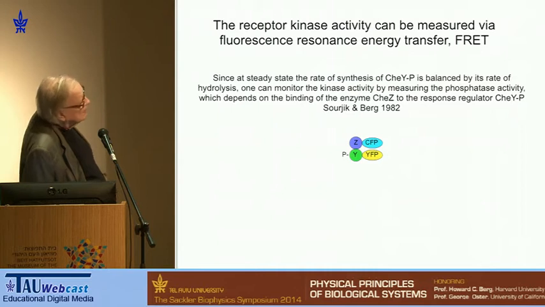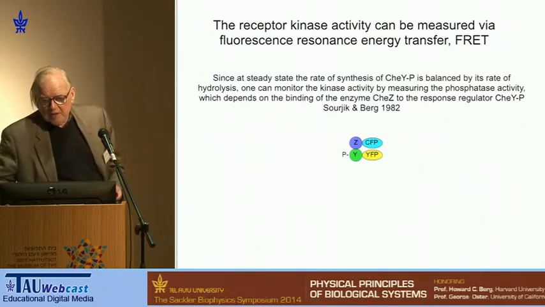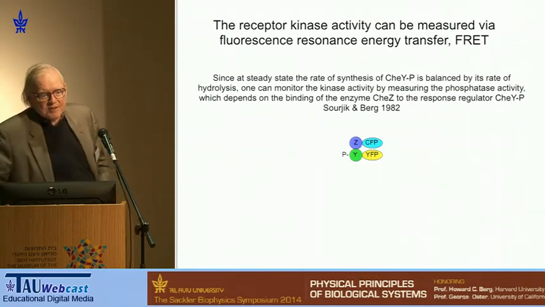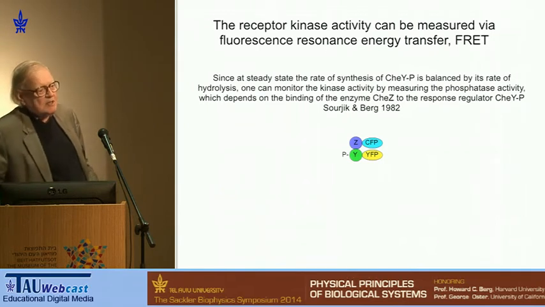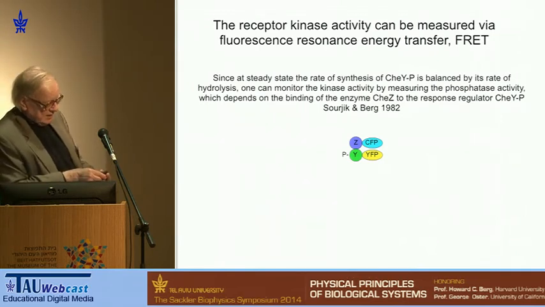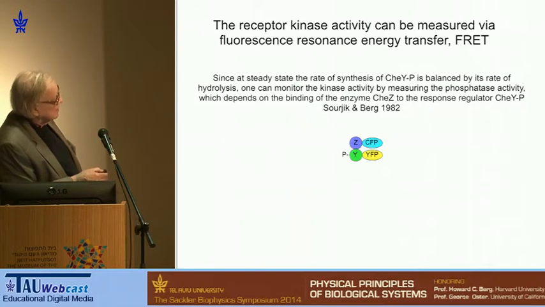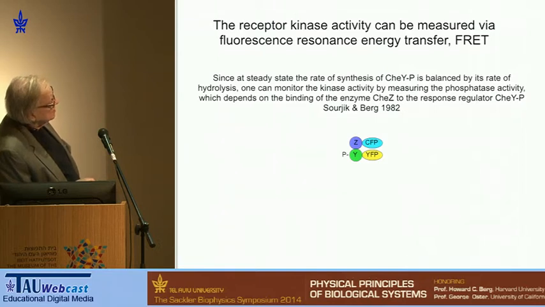So, as I mentioned, you can burn out graduate students having them look at tethered cells, but we got the idea that what you really want to know is the activity of the kinase. You can get that if you can measure the YP concentration, and you can do that using fluorescence resonance energy transfer. You make the phosphatase Z into a cyan fusion and the signaling molecule Y into a yellow fusion.